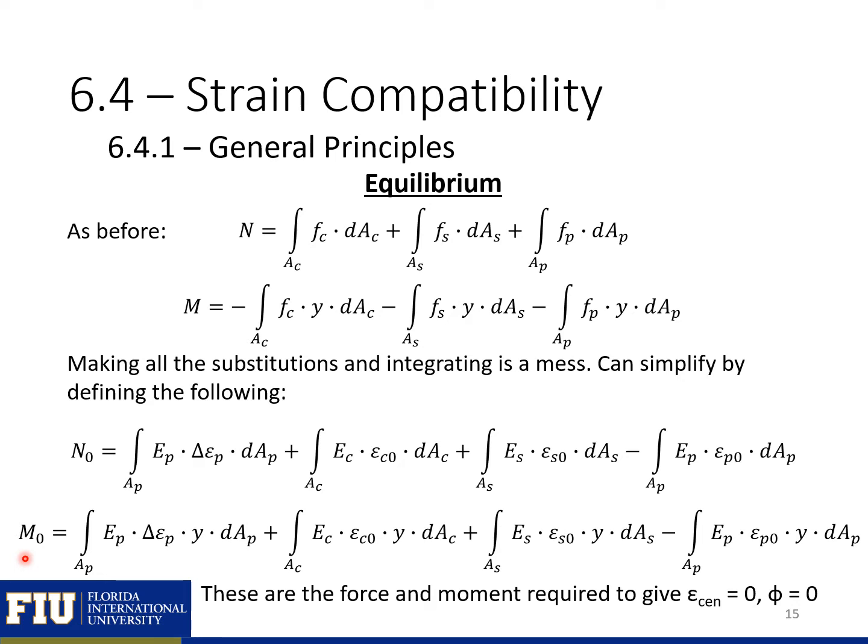So the eccentricity of our pre-stressing is going to cause an initial curvature in the section. So this moment is essentially to overcome that curvature that happens. So to take it back to zero curvature, we need to apply M naught here. And we can then use this decompression force and decompression moment to calculate the strain at the centroid and the curvature, which we'll do on the next couple slides.